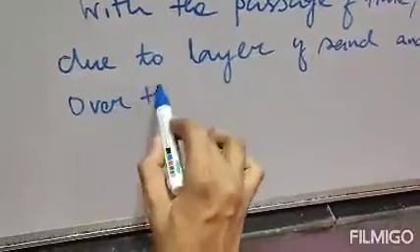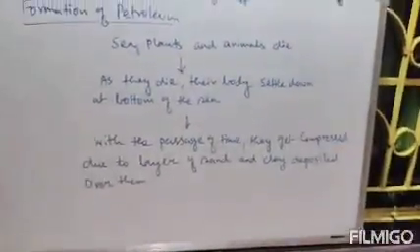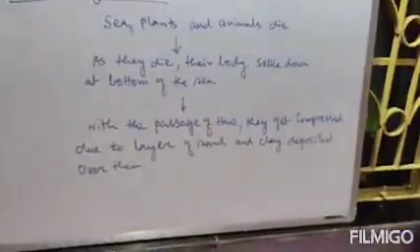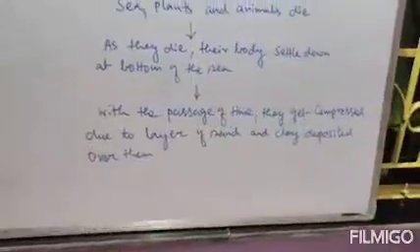This is the third step. With the passage of time, they get compressed. That means sea plants and animals get compressed due to the layer of sand over the sea and clay deposited over them.